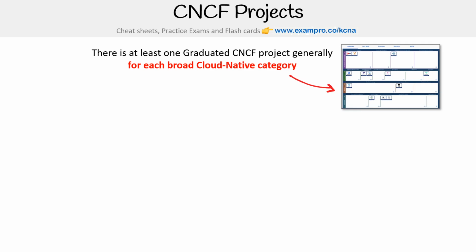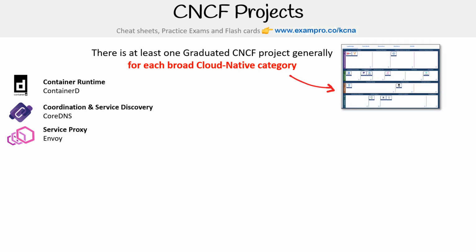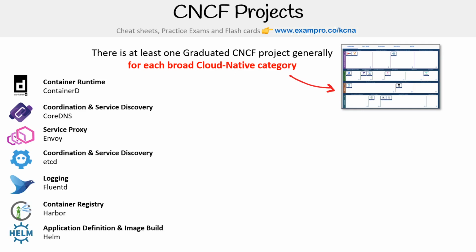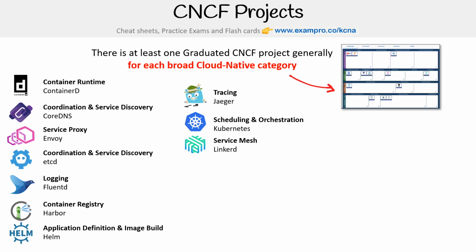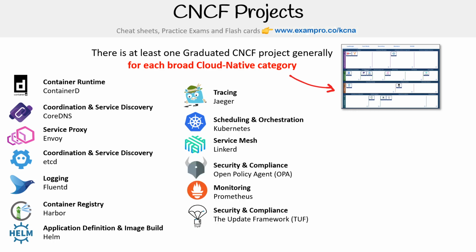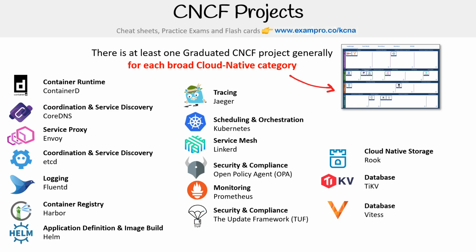So we're looking at things that are graduated, like container runtime containerd, CoreDNS, Envoy, etcd, Fluentd, Harbor, Helm, Jaeger, I think it's pronounced Jaeger, Kubernetes, Linkerd, Open Policy Agent, Prometheus, The Update Framework, so TUF, Rook, TiKV, and Vitess. Lots of names I've never had to say out loud before, so hopefully I got them all right.